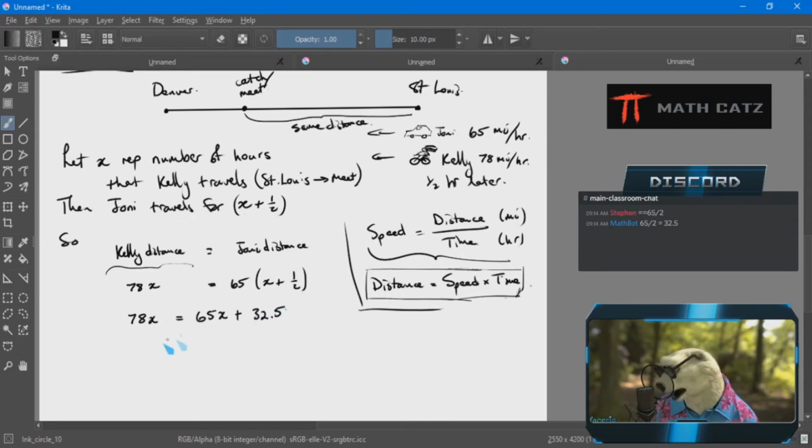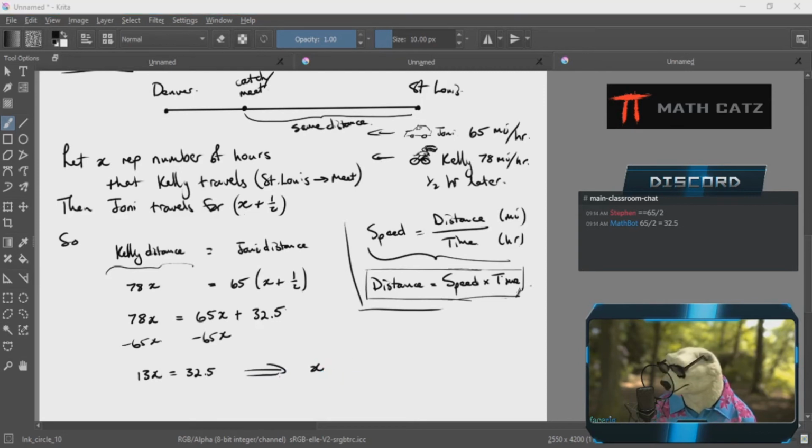Then I'm going to subtract 65x on both sides. 78 minus 65 is 13. So 13x equals 32.5. So x is then 32.5 divided by 13.